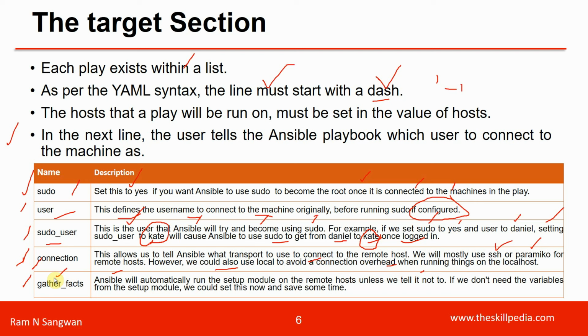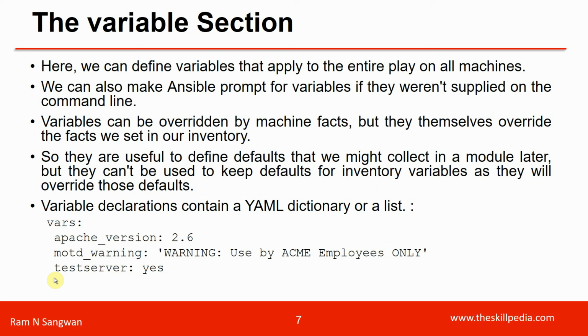That's the target section. So a very crucial target section, because in the target you need to define everything to let Ansible connect to the remote machine and become the right user to execute these plays on the remote host. Next section was the variable section.